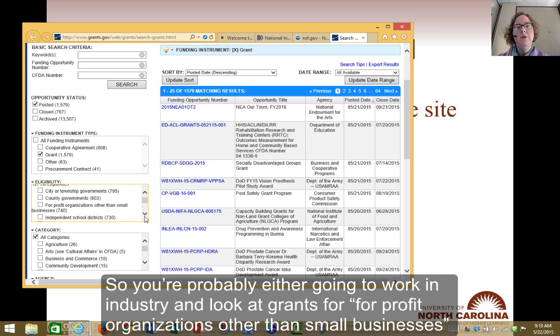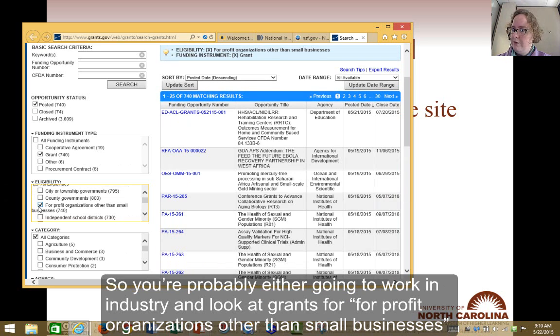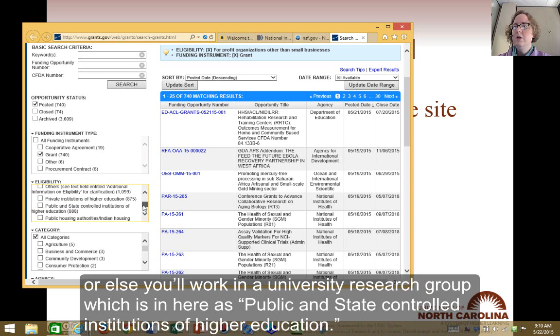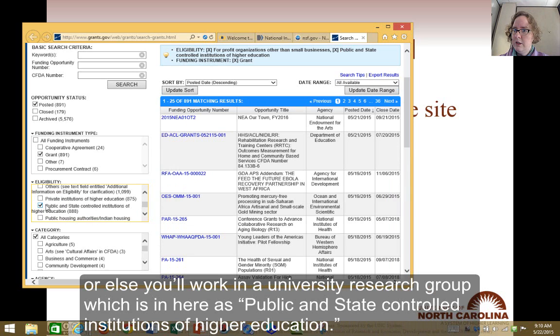So, you're probably either going to work in industry and look at grants for for-profit organizations other than small businesses, or you'll go into work at a university research group, which is here as public and state-controlled institutions of higher education.